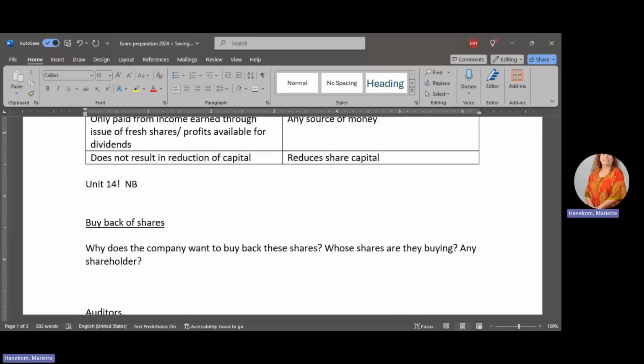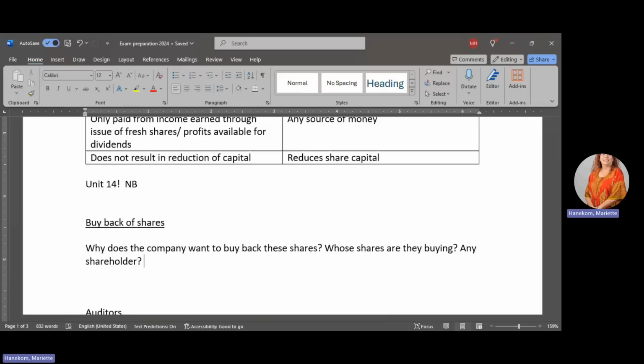For example, to increase the dividend potential of other shares. Let's say they've got Class A shares and Class B shares, but they want to reduce the number or completely buy back all the Class B shares. That means that the holders of the Class A shares will end up having the chance of earning more dividends.